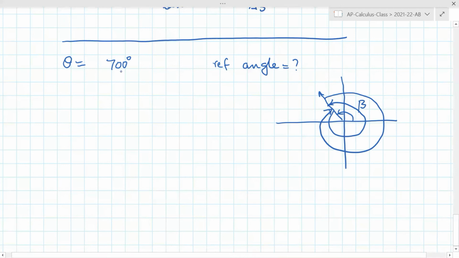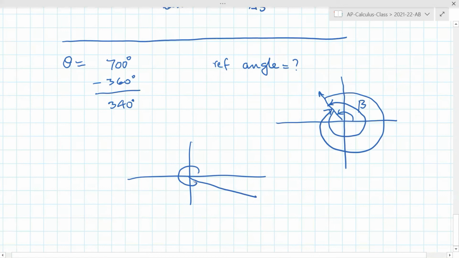So how can I get here, less than 360? I can subtract 360 here, right? What do I get? 340 degrees. So now this is 360, so 340 is somewhere here. And I need to know what this angle is.